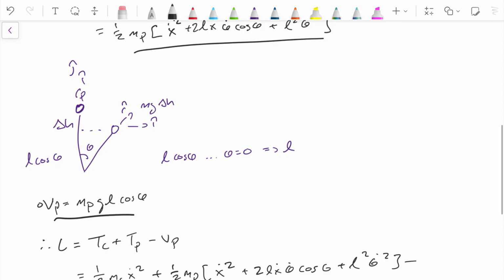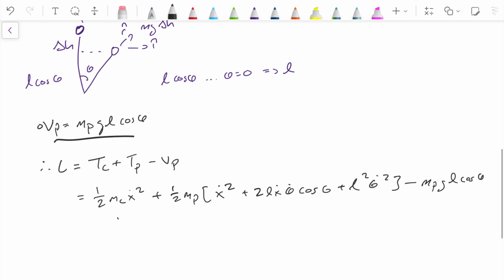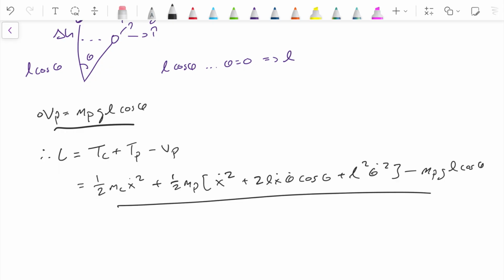And then we subtract out m_p g L cosine theta. And this is our full Lagrangian. So I'm just going to pause here for a moment before stepping into Euler-Lagrange's equations of motion, which we seek to find for the x and the theta.